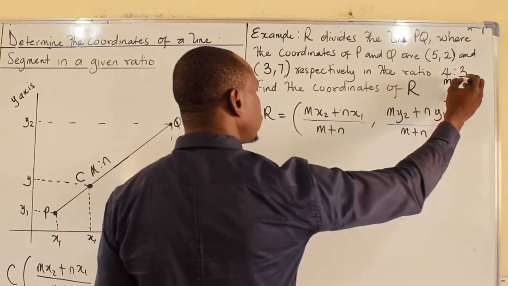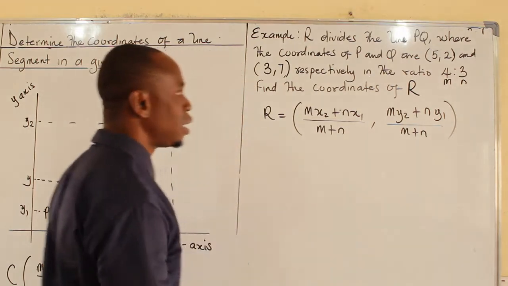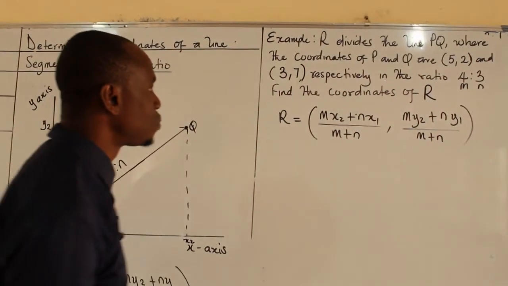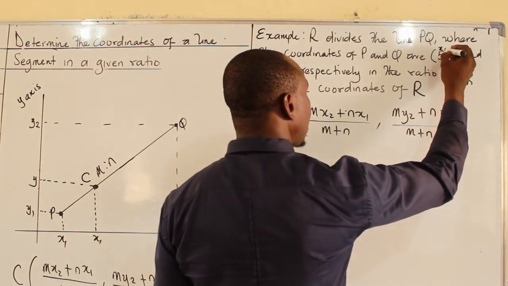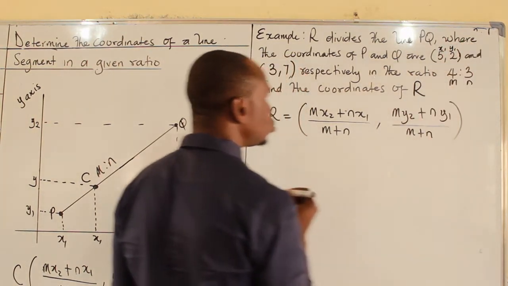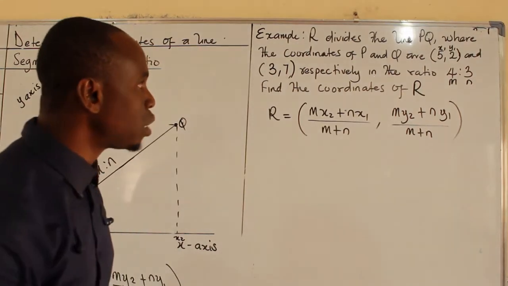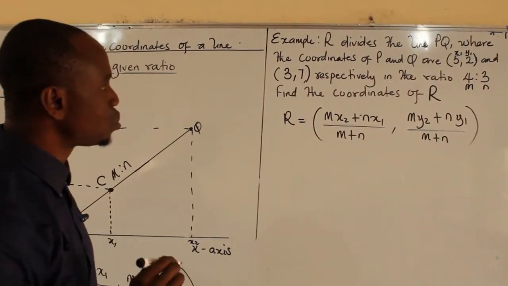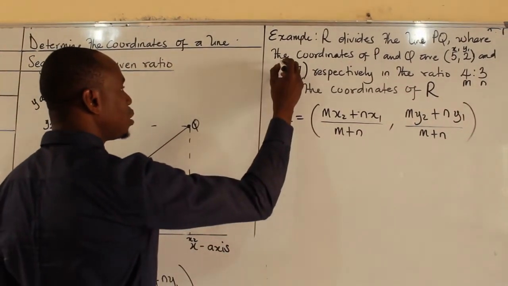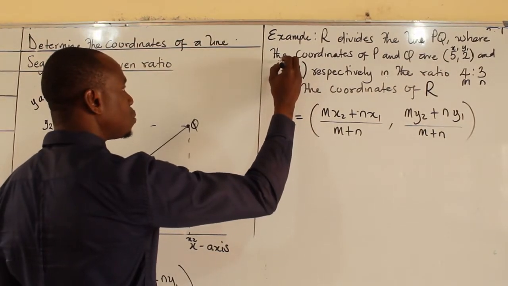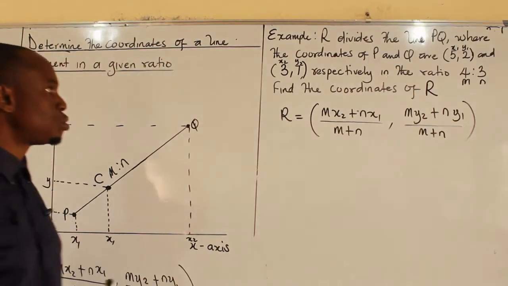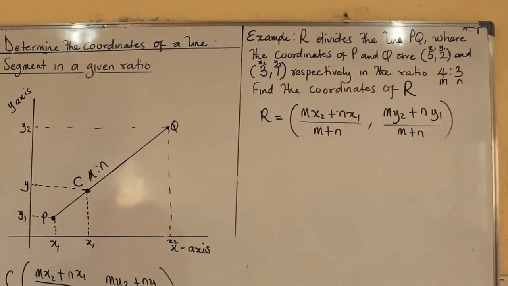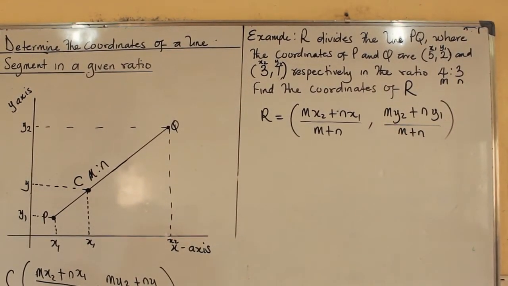So m is 4 while n is 3. And the first coordinates that was given here is (5, 2). So our x1 is 5 and our y1 is 2. And the second coordinate is (3, 7). It means that our x2 is 3 and our y2 is 7.